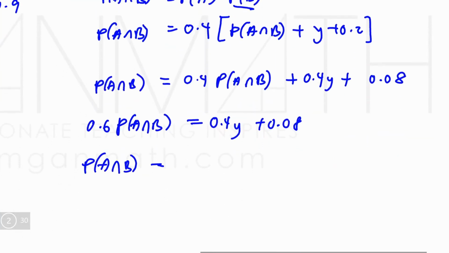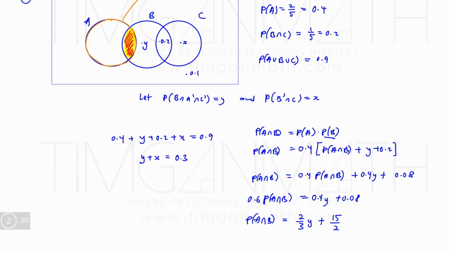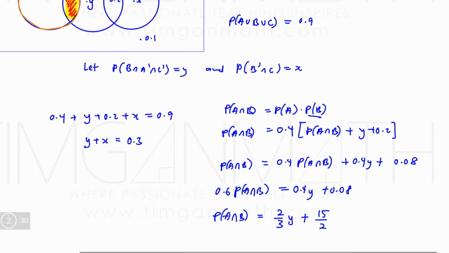Four marks, this one. Because in inequalities, we managed to find PB in terms of Y. Now it's much easier. PA intersect B depends on Y. Okay, so when is PA intersect B maximum? When Y is what? How much can Y be from this first one? Maximum of Y?